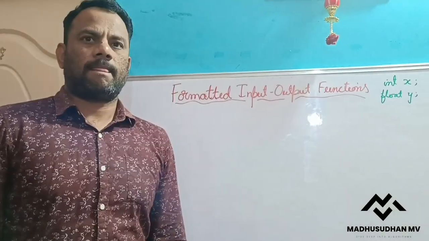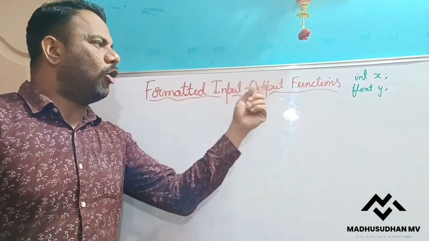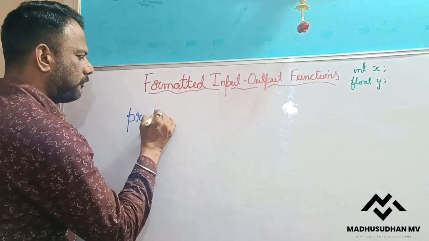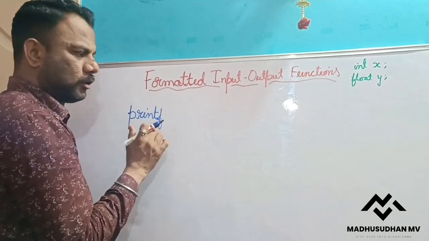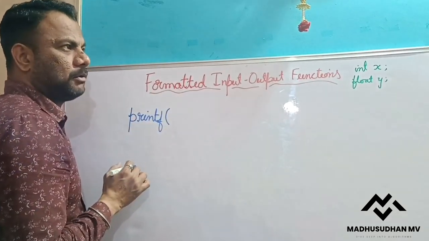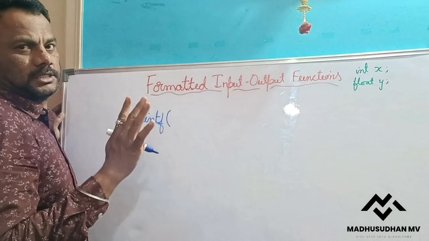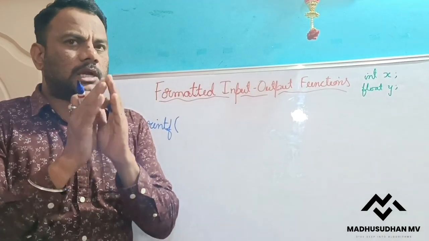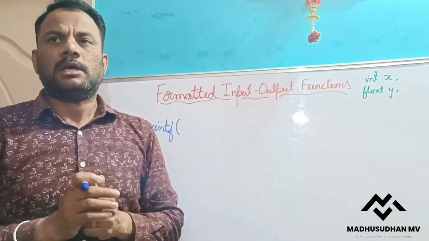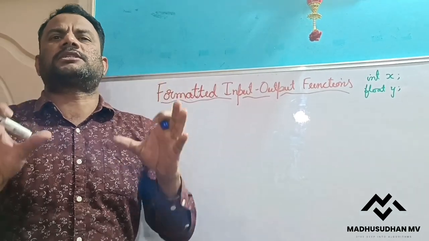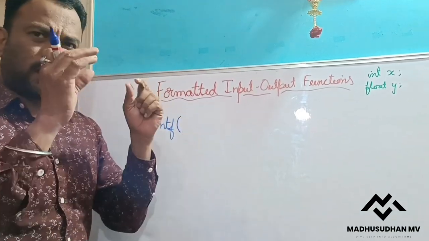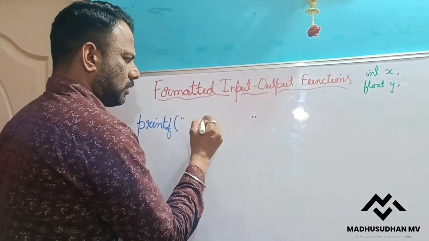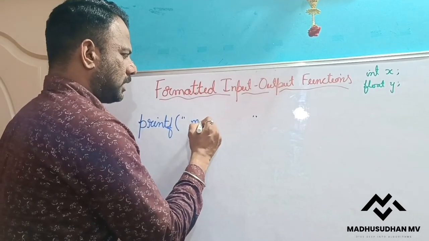Now we will discuss the formatted output function. The formatted output function is printf. printf can be used in two ways: one, to print a message, and two, to print the value of a variable. Whenever I am not doing any operations or printing the value of any variable, and I am simply printing some message or text, whatever text or message you want to display, you specify within the double quotes, then close the bracket and put a semicolon.